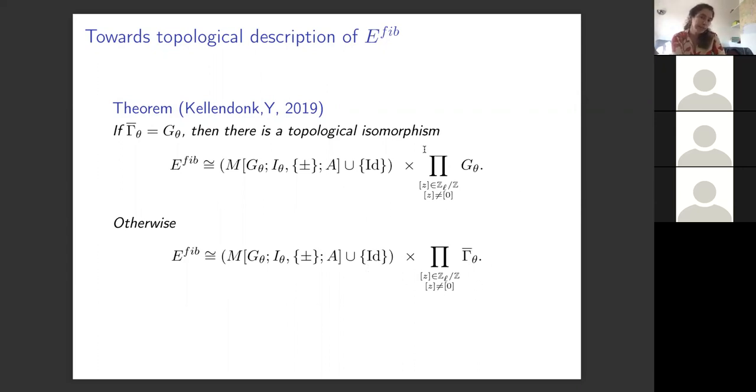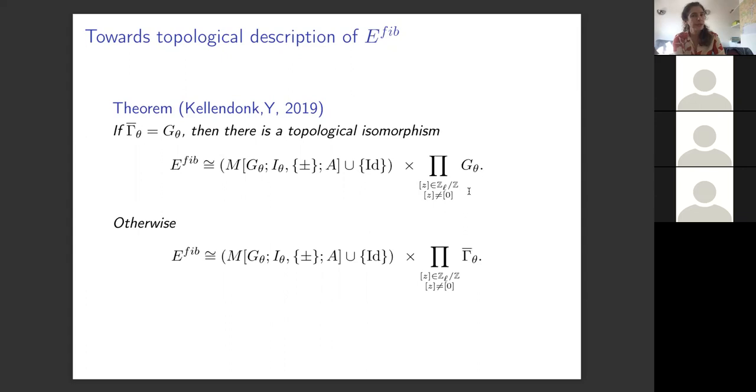And here it is. So E fib is topologically isomorphic to... What you see here is just the matrix semigroup you saw before, and that's what lives over the 0 fiber. It's exactly what we had before. And in the rest of my space, I have a big Cartesian product. On the other fibers, the only way the fibered Ellis semigroup can act is with bijections generated by the structure group G theta.